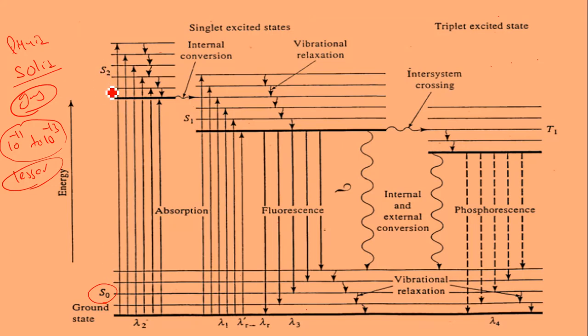This molecule cannot remain for a longer period of time at the S2 level. It has to come back to its ground state. The lifetime of the S2 level will be 10 raised to minus 11 to 10 raised to minus 13 seconds only.